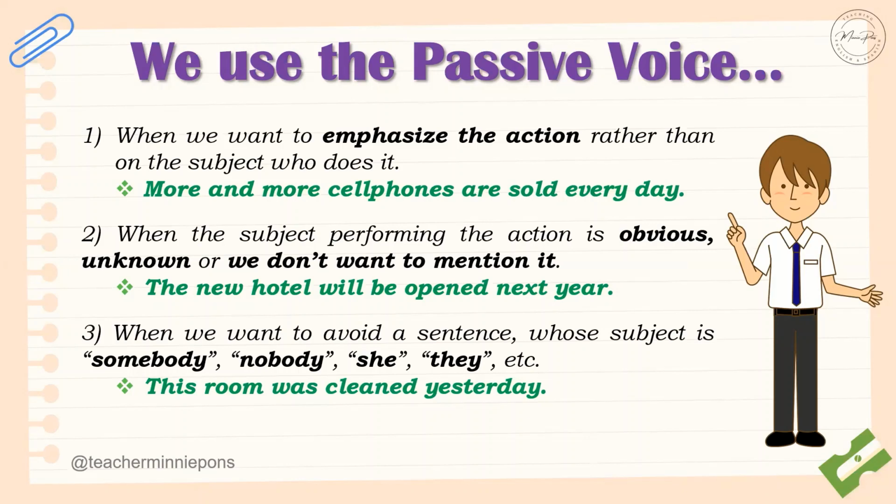For example, the new hotel will be opened next year. And the third use is when we want to avoid a sentence whose subject is a pronoun. For example, somebody, nobody, she, they, etc. For example, this room was cleaned yesterday.